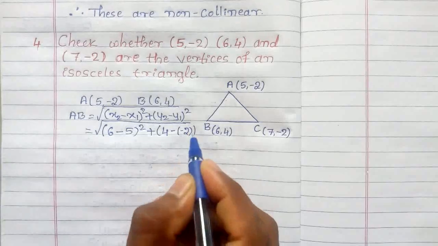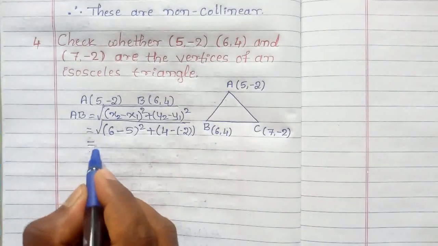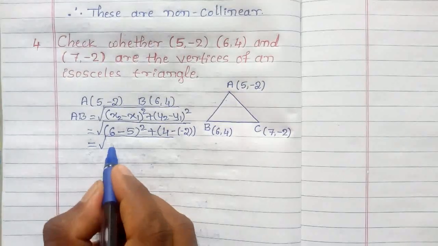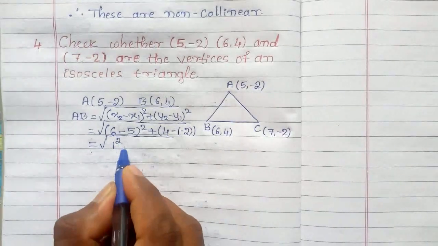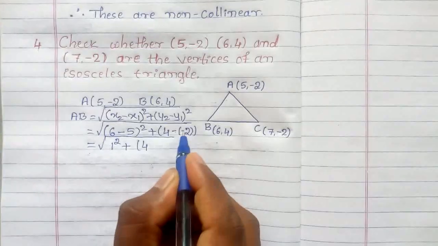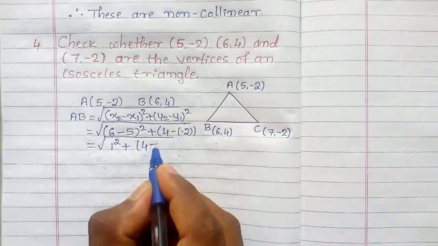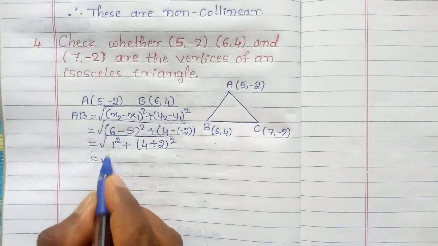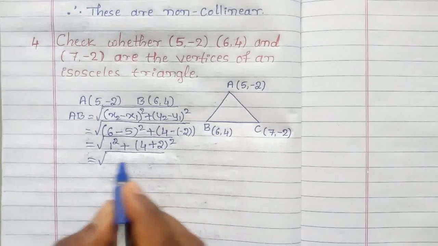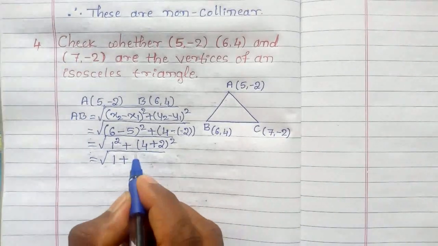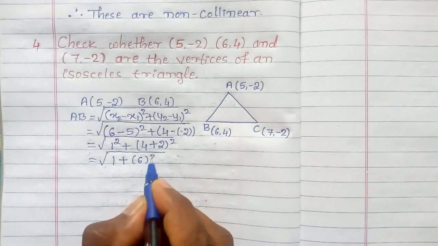Then square root of 6 minus 5 is 1 square plus 4 minus into minus it becomes plus 2, whole square. Then square root of 1 square is 1 plus 4 plus 2 is 6 whole square.